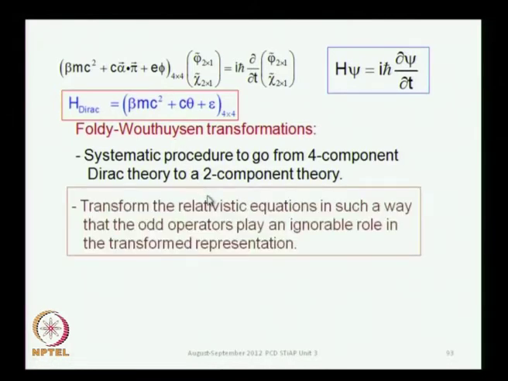This is the Dirac equation, and what you want to achieve in these transformations is to get to a representation in which the odd operators will not play a very major role. The role of the odd operator, if you can find some mechanism to scale it by a factor of 1 over m, where m is a large mass, that is the rest mass energy.